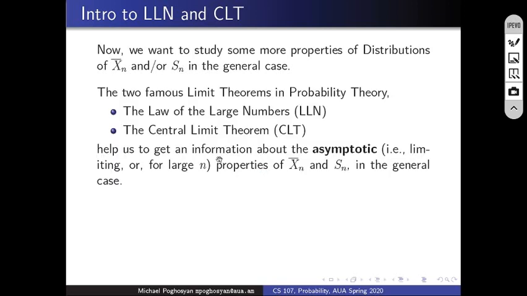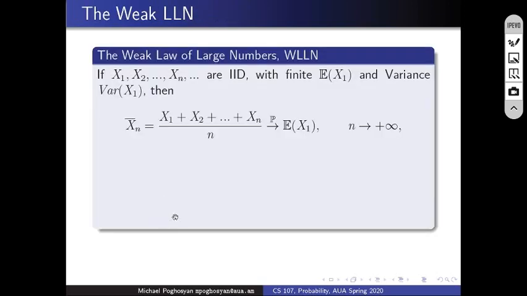We have two famous limit theorems in probability theory, the law of large numbers, LLN, and the central limit theorem, CLT, that help us get information about the asymptotic, or limiting for large n, properties of Xn bar and Sn for a general distribution behind the random variables x_k.